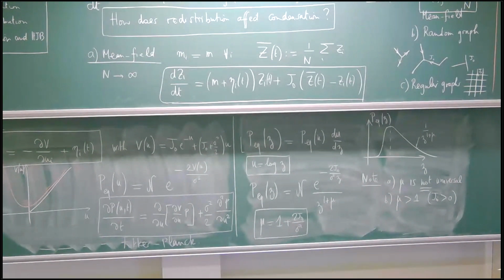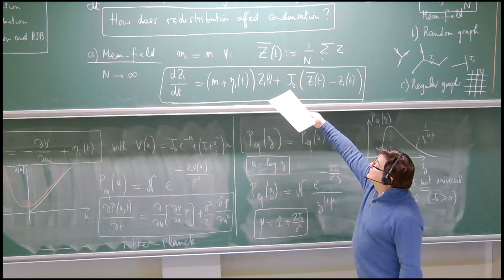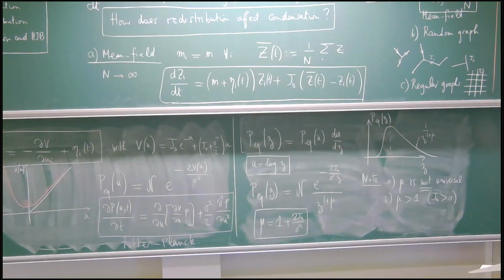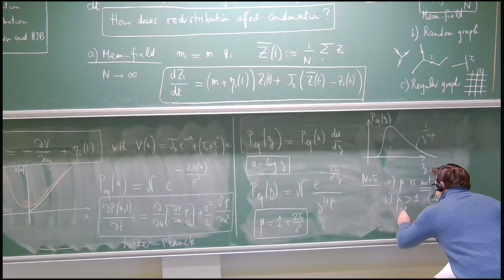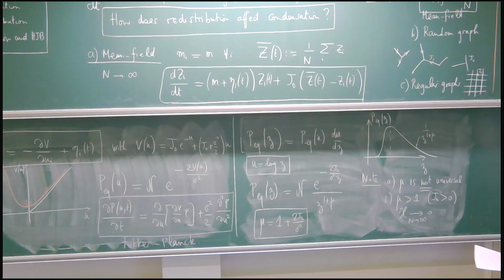And so in this case, as soon as this J0 is non-zero, it can be as small as you want, provided it's positive, provided there's some kind of redistribution, the final distribution of wealth or population has a finite mean, which also means that the Herfindahl index goes to 0 for large n. Okay? So no condensation.